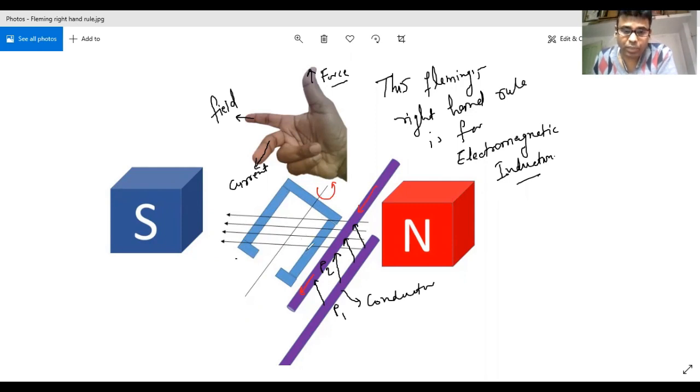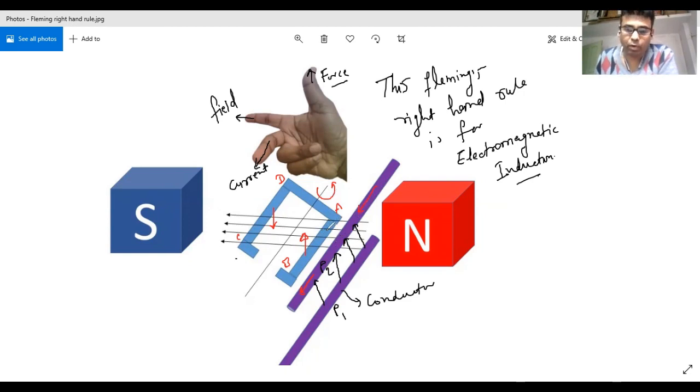Suppose this is AB. The AB portion of the armature will move upward, and the CD portion will move downward, because of the counterclockwise rotation. So this portion will go down and AB will go up. So in the AB conductor, the flow of current will be similar to the previous example.